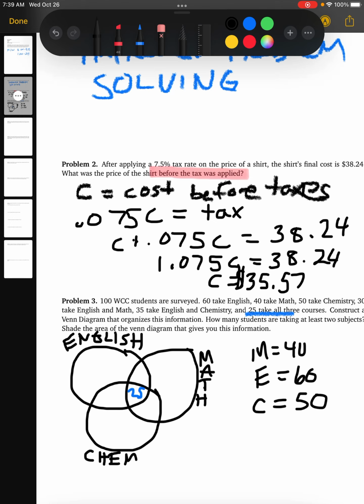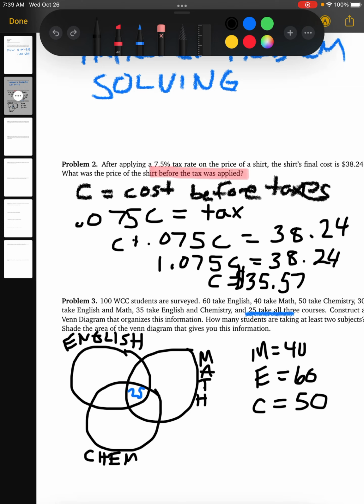If you look at these bubbles, right now 25 people are in the overlap. That overlap is also contained in the chemistry bubble. So in the rest of the parts of the chemistry bubble, whatever numbers I put in there, when I add them to 25, they're going to have to give me a total of at most 50, because there are 50 people in that chemistry bubble. So I'm going to use the information of the problem to work backwards.